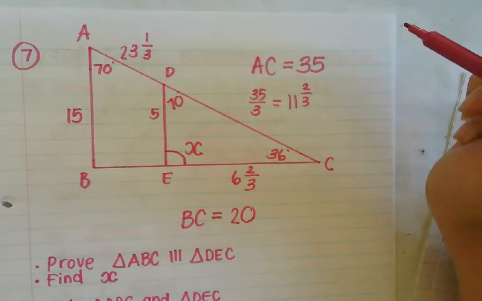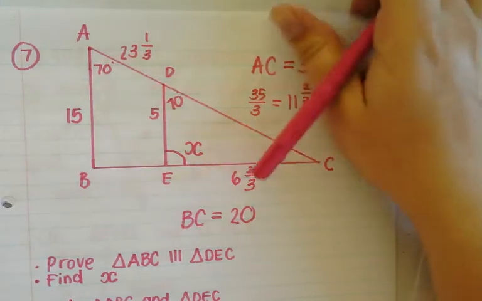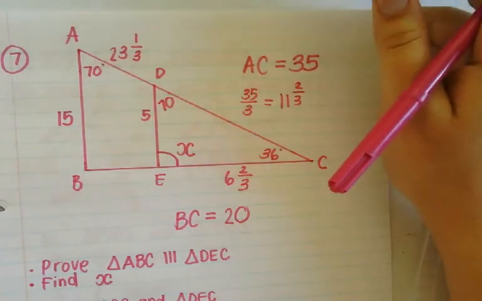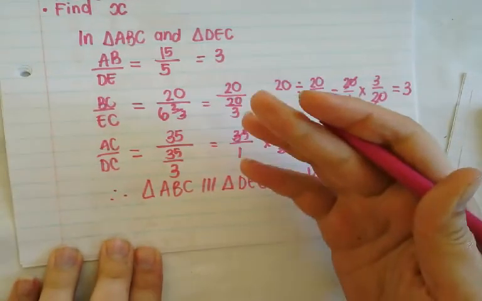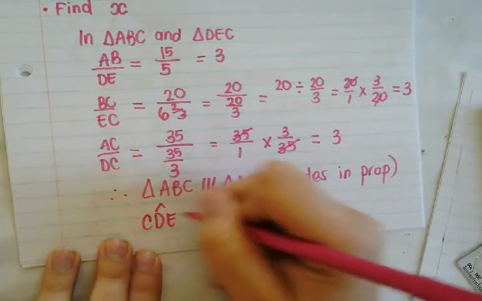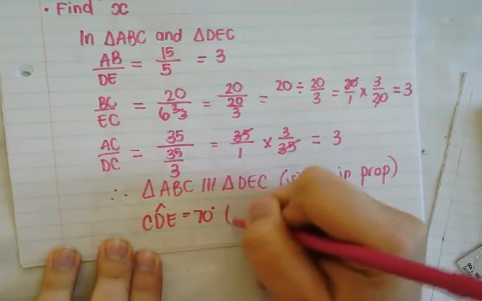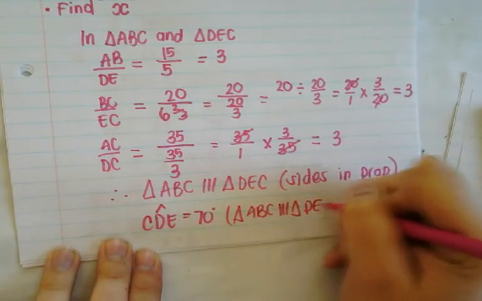Yes, Nicholas. What is your reason? There we go, interior angles of a triangle. So I would first have to say that CDE equals 70 degrees because triangle ABC is similar to triangle DEC.